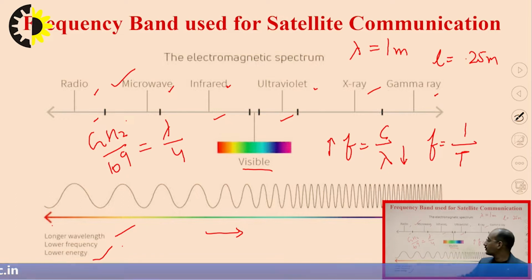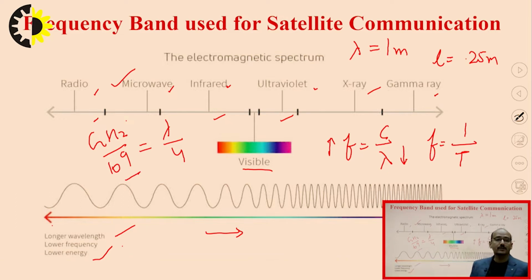If I am talking about the antenna height, it is quite small. That's why you have printed antennas on the motherboard or on the circuit board of mobiles. This is the basic prerequisite knowledge about the antenna relation, the frequency relation, the energy relation and the wavelength relation.